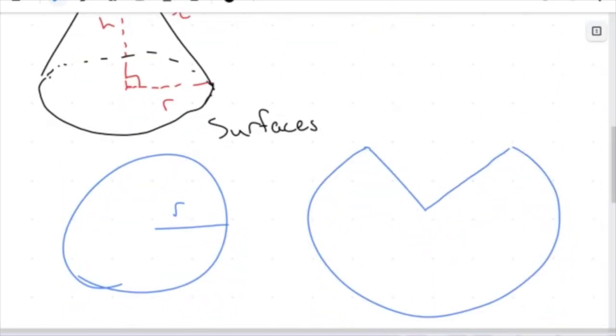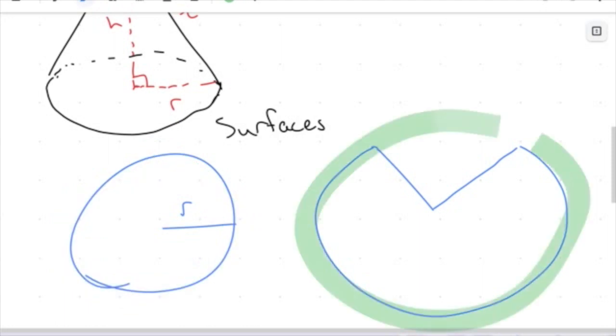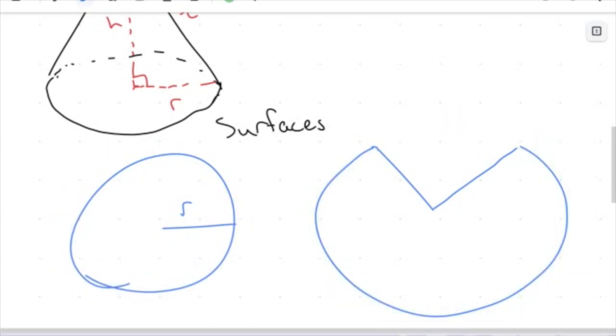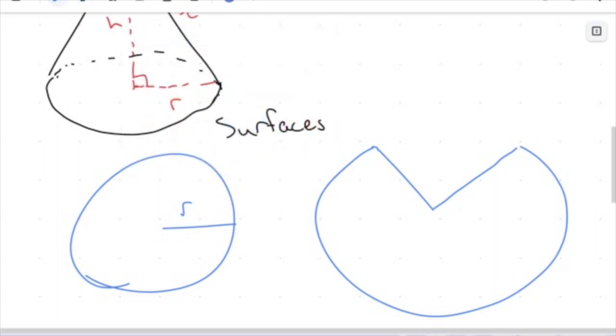Okay, now what's important to note is you guys can do this with a couple of sheets of paper if you'd like. You can cut out a small circle and cut out a slightly bigger circle and make some kind of cut going from the middle out to the ends. So what you're going to get, instead of a full circle, is this shape here, which is going to be a sector.